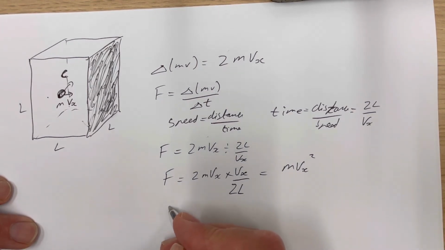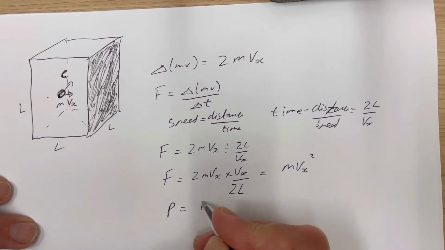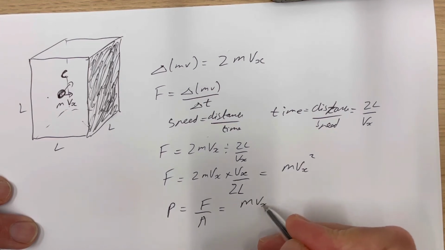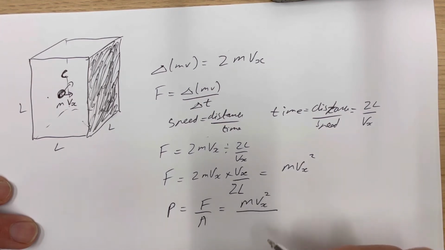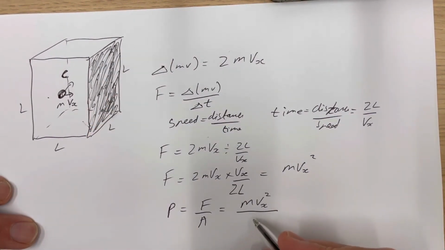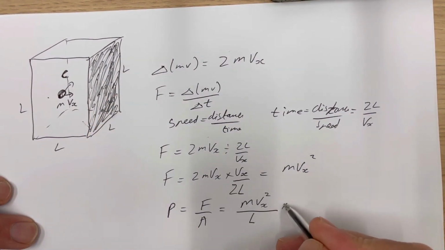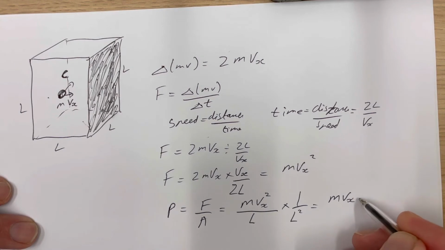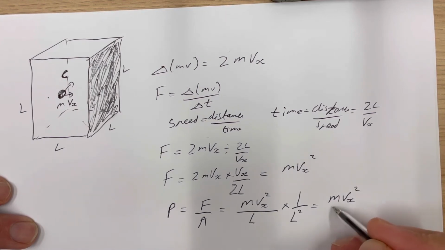The pressure is equal to the force divided by the area, isn't it? So the force is m v_x squared over L, and the area of this face is L squared, isn't it? So it's times by 1 over L squared. And we get m v_x squared over L cubed.